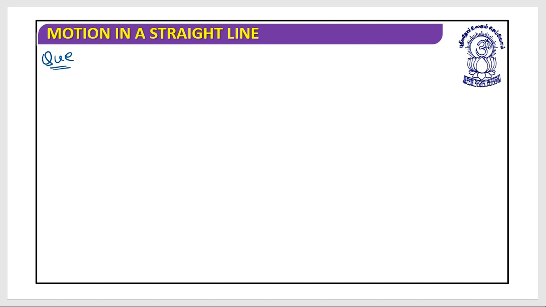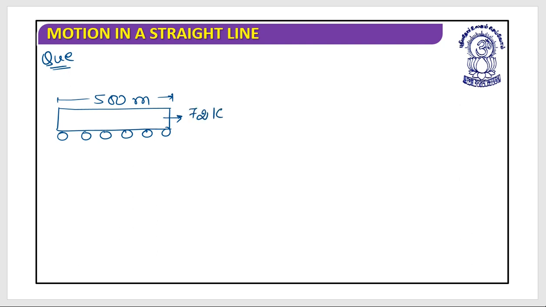Let's say they have said that this is a train having a length of 500 meters. I know this is very big data, but okay, we can use it. And this is moving with 72 kilometers per hour.